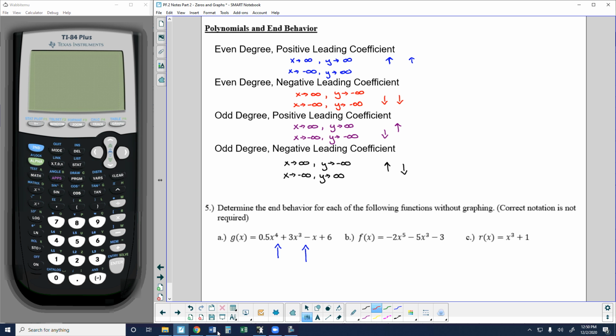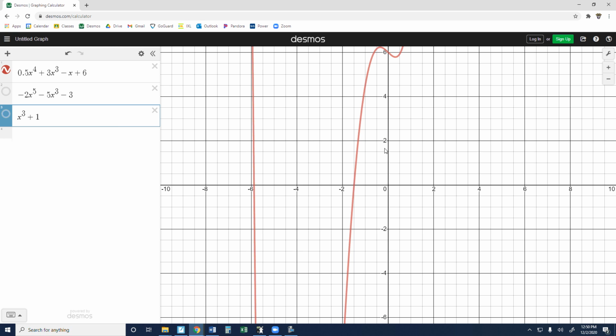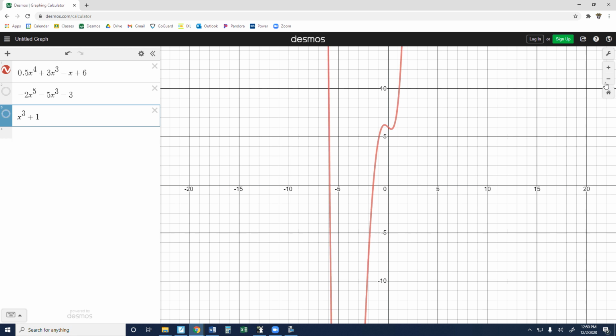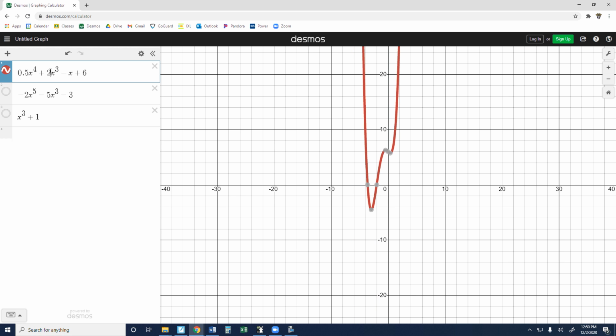Now I can check this by taking a look at the graph. So here I have the graph of g of x. Let me zoom out a little bit so we can see that to the left it's going up, to the right it's going up. I can change anything on this graph that I want other than the leading coefficient and the degree, and nothing will change.